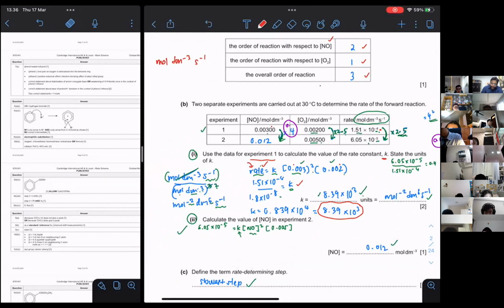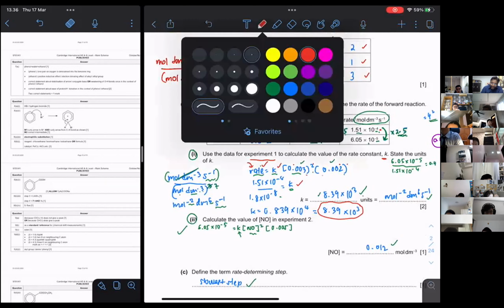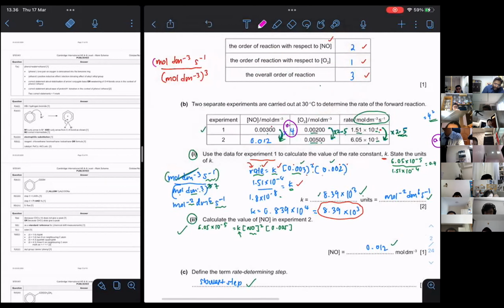So when you find out K, you divide it by the concentrations to the power of 2 and to the power of 1, which is concentration to the power of 3. Normally what I do is put a bracket, put 3 over there, and then I eliminate. This is to the power of 1, cancel. So if I cancel, this one will become to the power of 2.